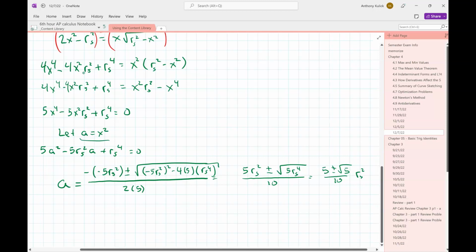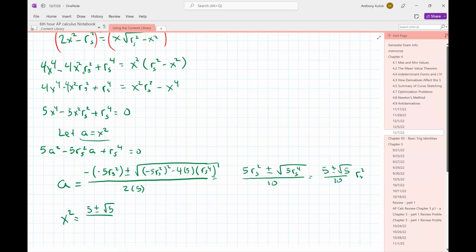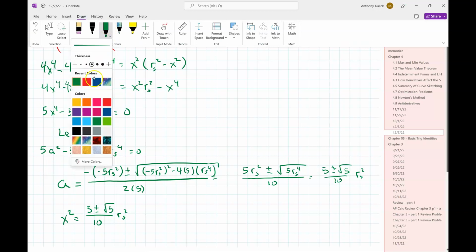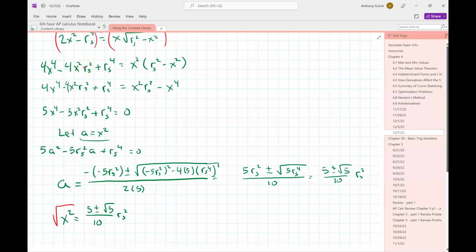Because we only solved for x squared. So we'd have to square root both sides now. What do you notice there?